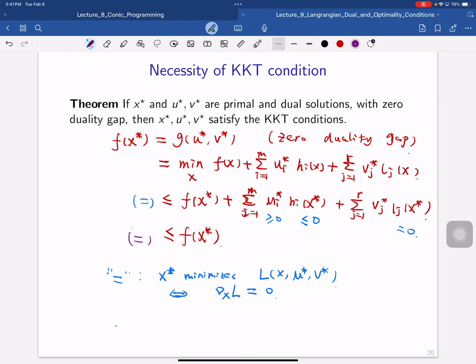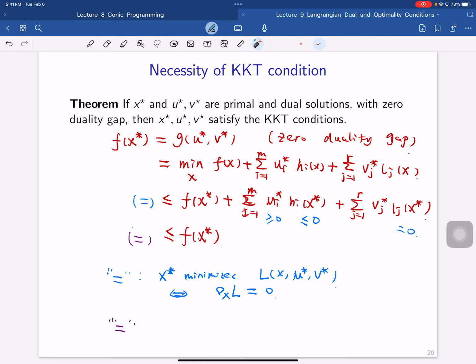So now from this purple equality, what can we get? From this, each of these terms must be 0. If they are not 0, they will always be a negative term, since their signs are all restricted.